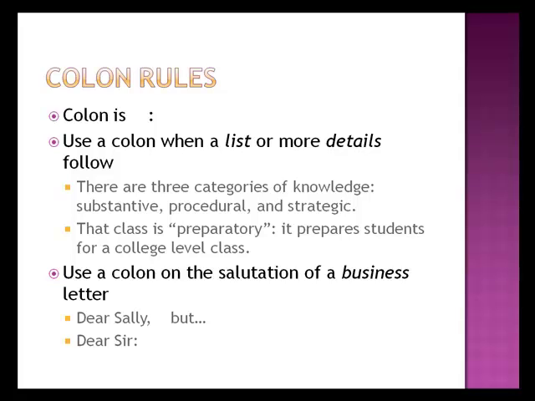And the colon rule. The colon is two dots. I see this mistakenly used all the time. People use a semicolon when they should have used a colon. Use a colon when there is a list or more details to follow. I gave you two examples. There are three categories of knowledge. What are they?